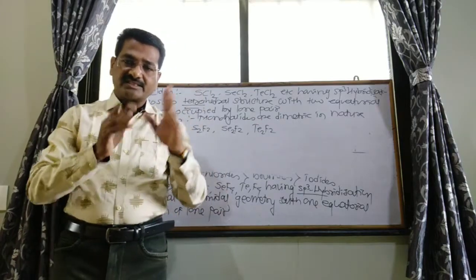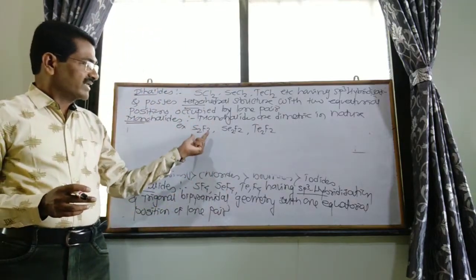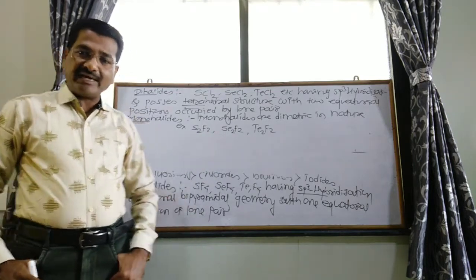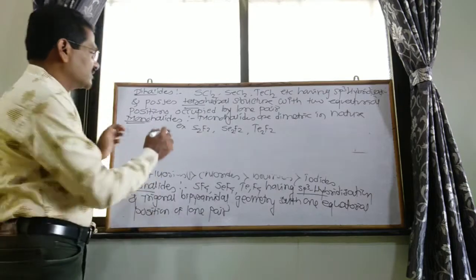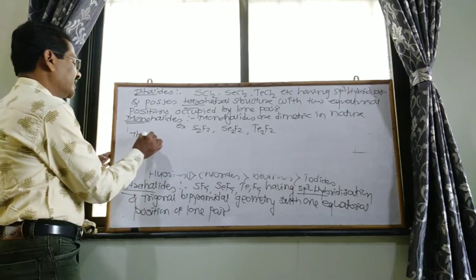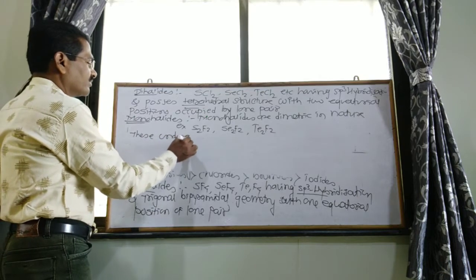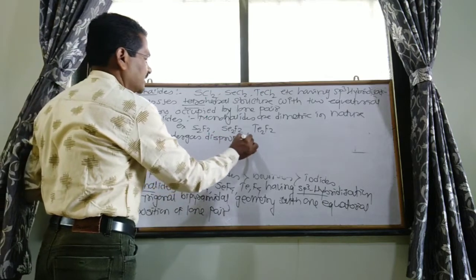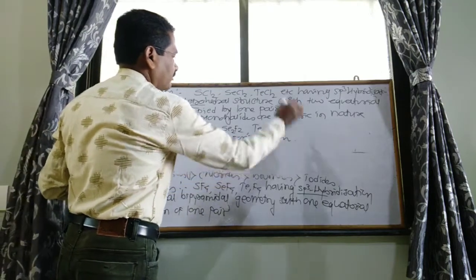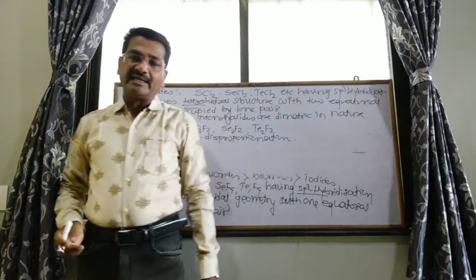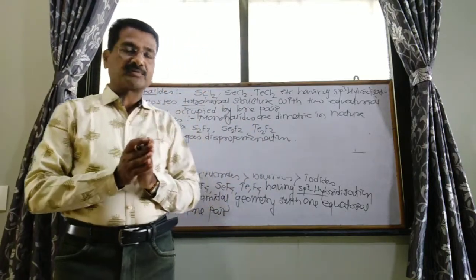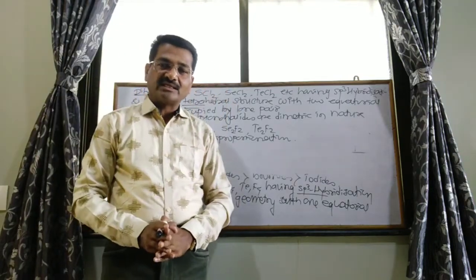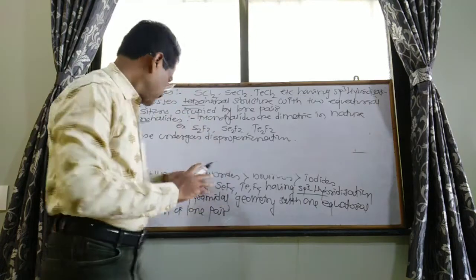All these monohalides, in a 1:1 ratio, are called monohalides, which are dimeric in nature and undergo disproportionation, because they are dimeric in nature. So this is the reactivity of halogens with group 16 elements.